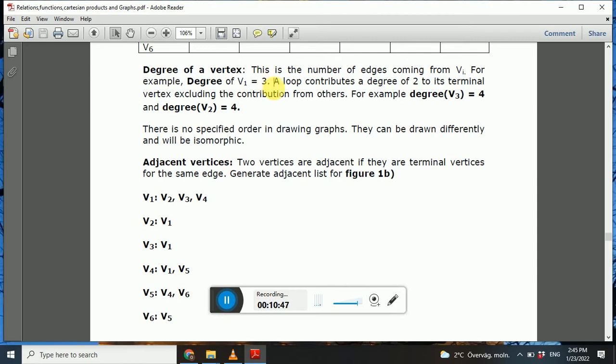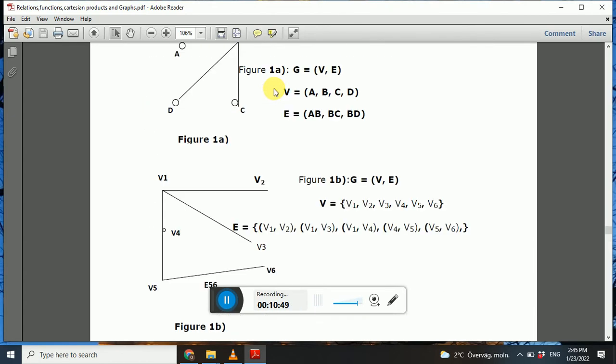So let's count the edges connecting to V1. V1 is here. Okay? How many edges are connecting to V1? There is this edge, there is this edge, those are 2. There is this edge, those are 3. So the degree of V1 is 3. The degree of V2, there's only one edge connecting to V2. So the degree of V2 is 1. How about the degree of V4?